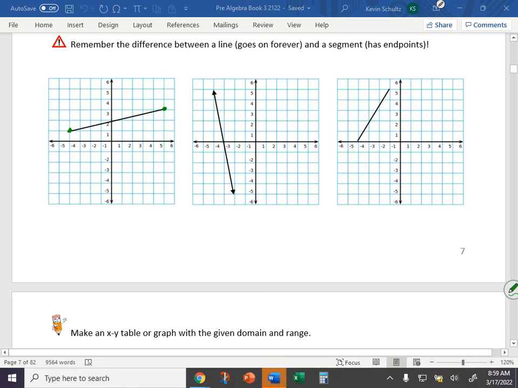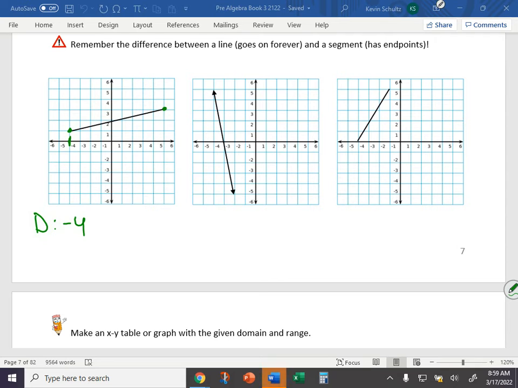So when we're looking for the domain, we're looking for that beginning and ending point on the x-axis. What's the lowest x value, the first x value of this segment? I think it's -4. This is numbered kind of weirdly, but -4.